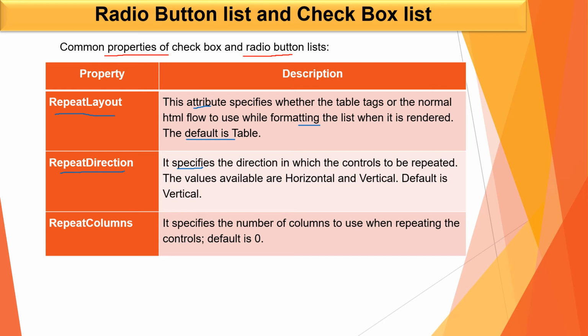The available values are Horizontal and Vertical, and the default is always Vertical. The RepeatColumns property specifies the number of columns to use when repeating the controls, and the default is always 0. Both the RadioButtonList as well as the CheckBoxList have these properties. Those are the common properties.